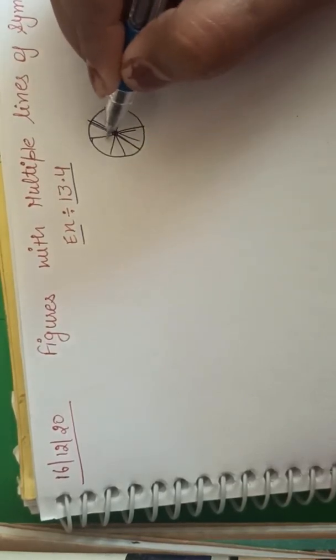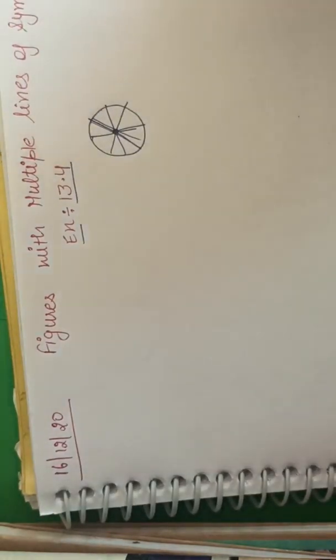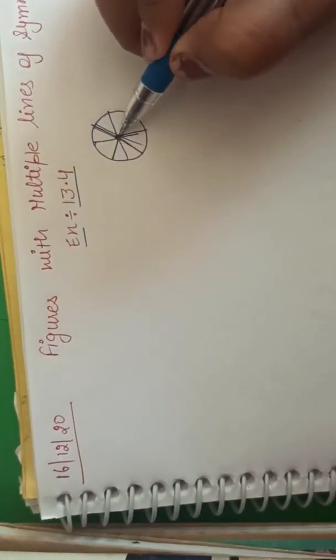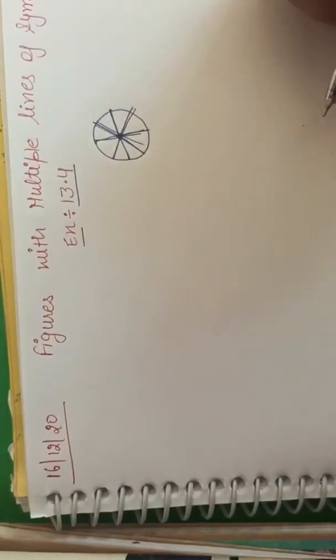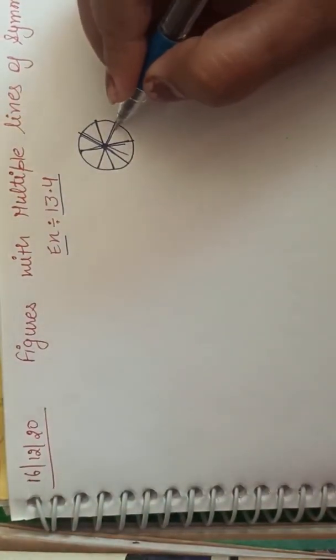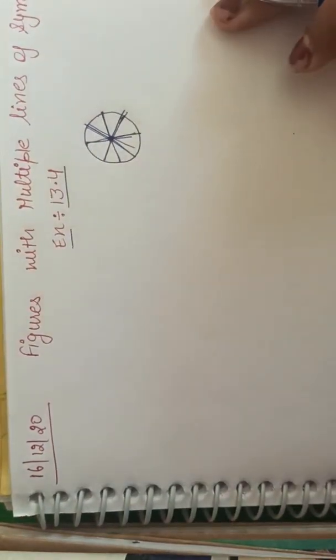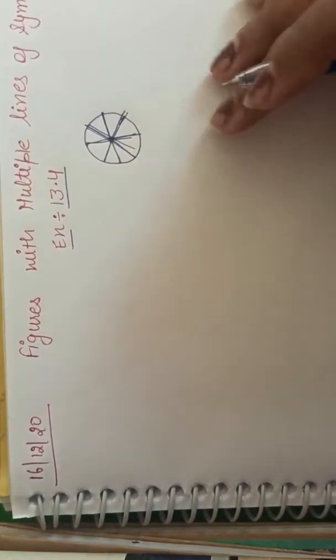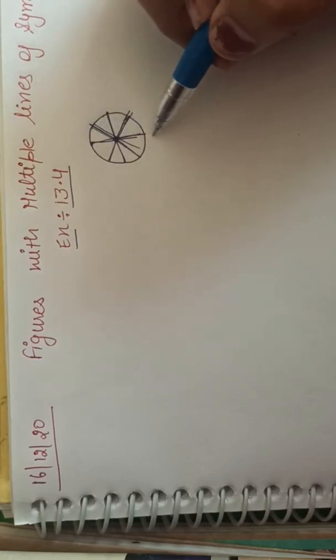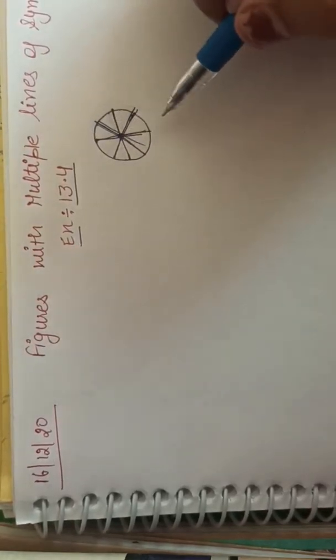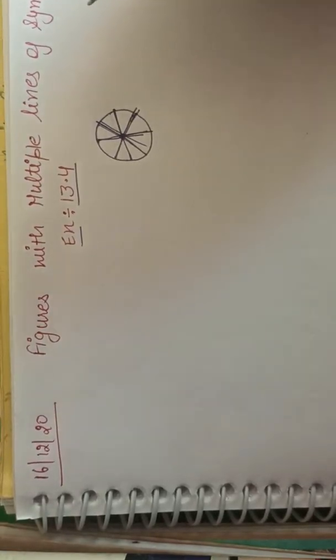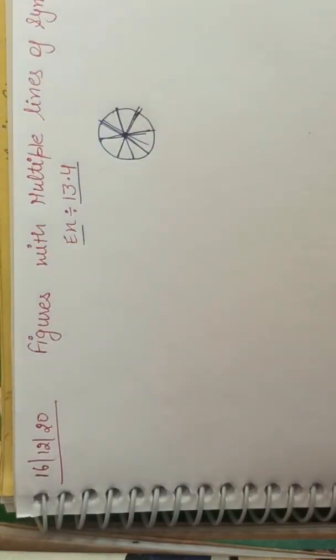With the help of a scale you can draw. So see, all these lines represent lines of symmetry. How many lines are these? 1, 2, 3, 4. Right?